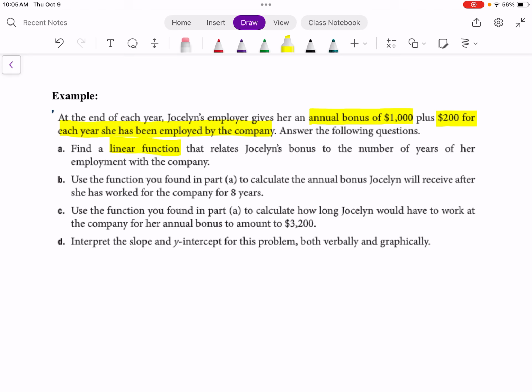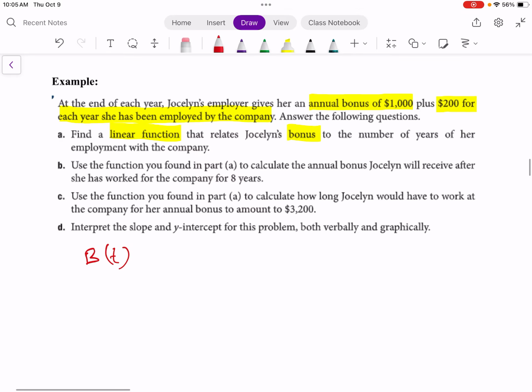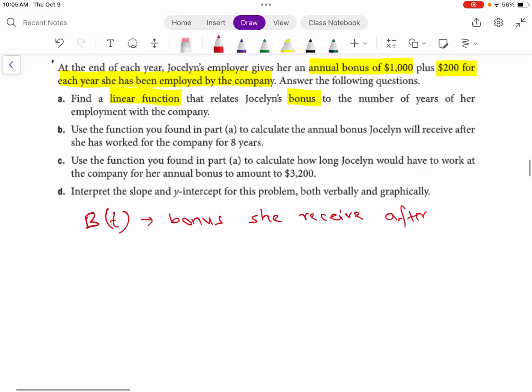The amount of time she's been with the company. So the number of years she works at the company is the input, and the bonus she gets from the company is the output. Let's call our bonus, or our output, B of t. This B of t is the bonus she receives after working for t years.